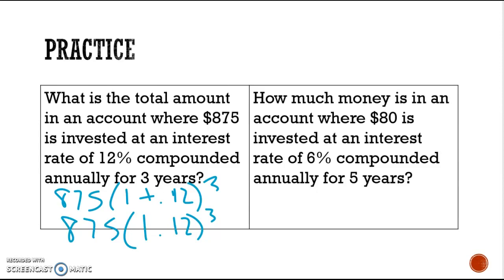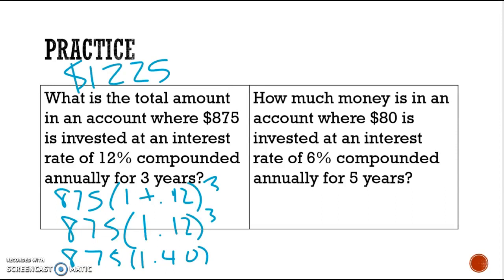So that gives me an answer of 1.404, which rounds to 1.40. So when you multiply 875 times 1.40, that gives us an answer of $1,225.